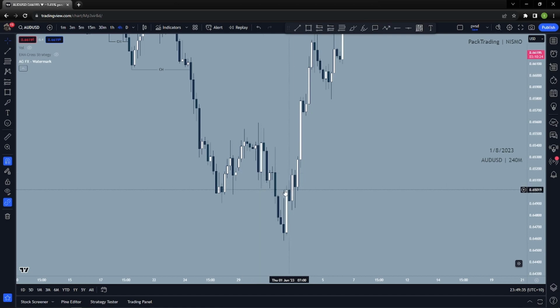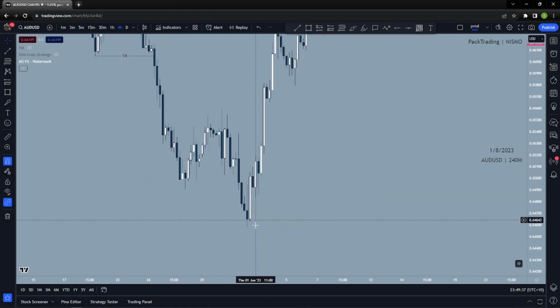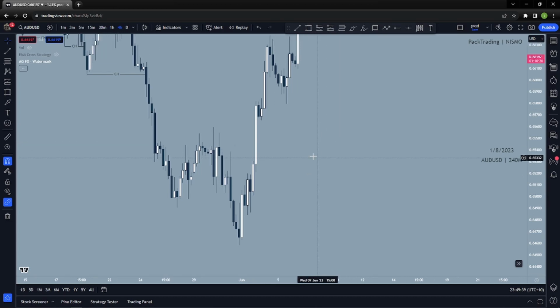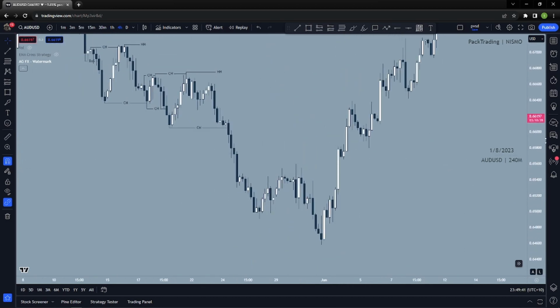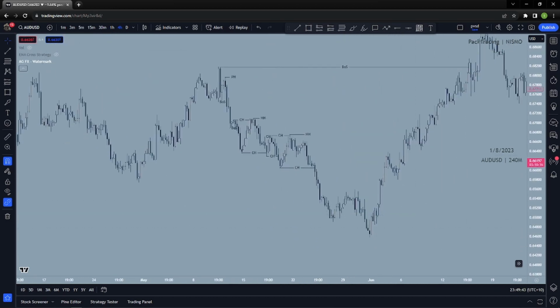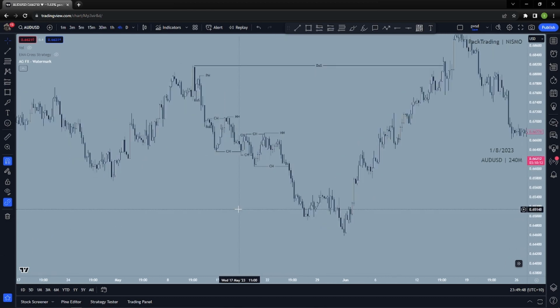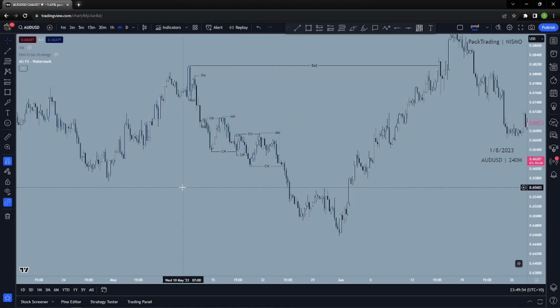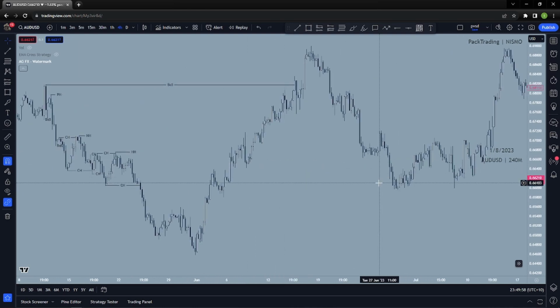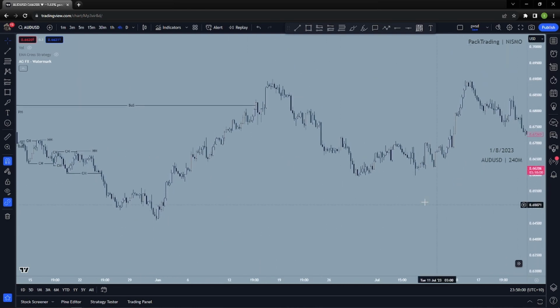That's our low, choch. Now that's our low, now that's our lower high, now it's choch. It starts to get in your head. It's very easy. So that's pretty much how you would mark internal. It's not really complicated at all, and it should be very easy for you guys to ace down.